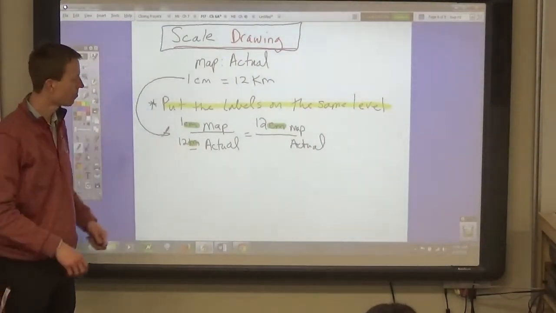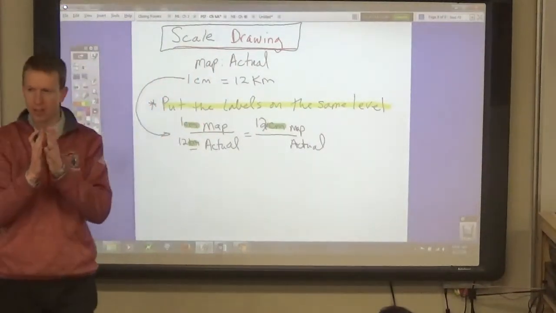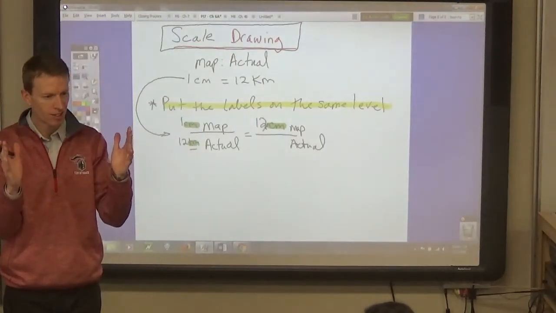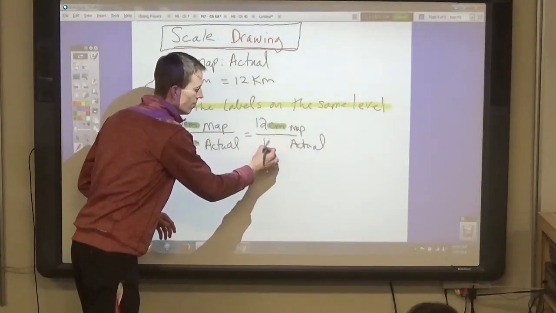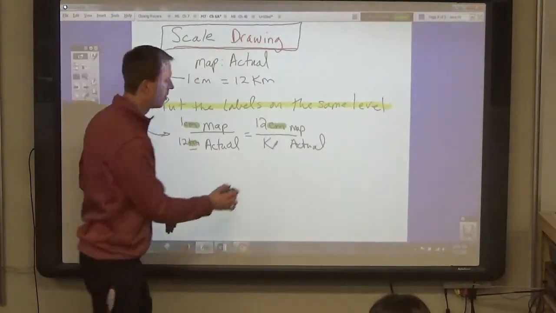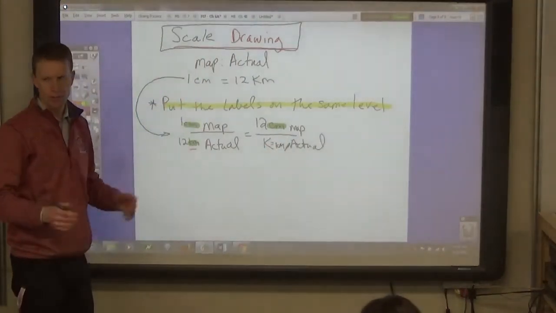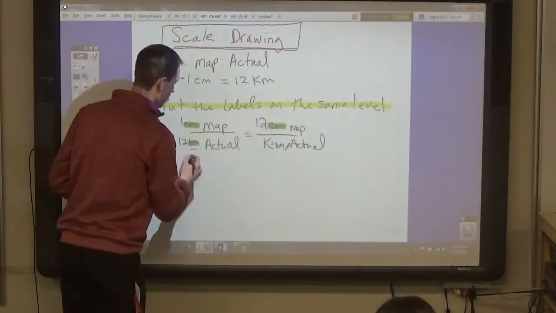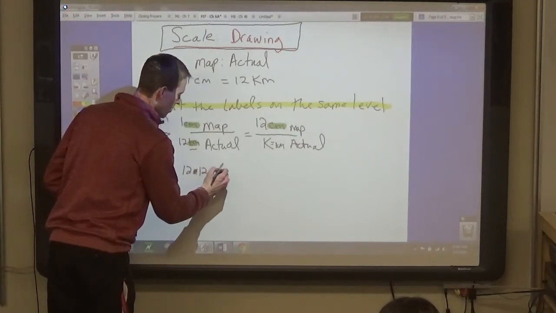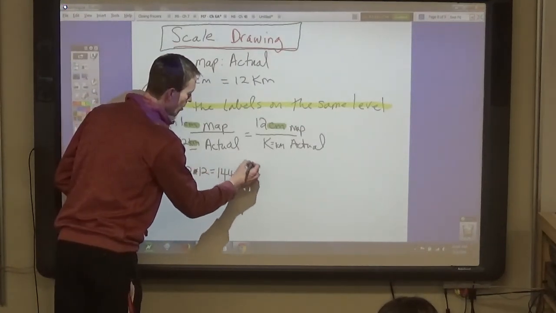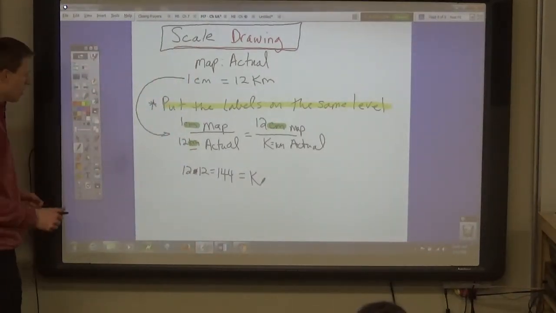And if you measure 12 centimeters on your map, that equals how much actual distance? K for kilometers. That equals 144, right? 12 times 12. So 144 equals K.